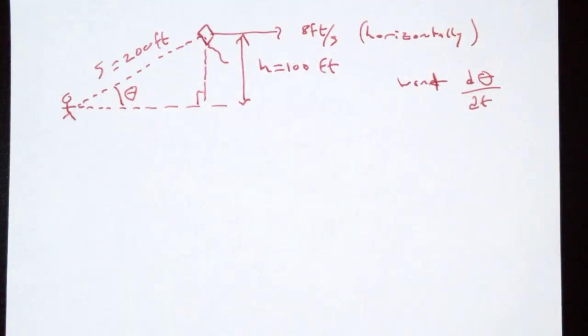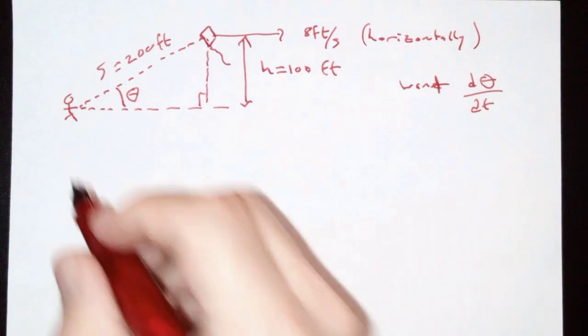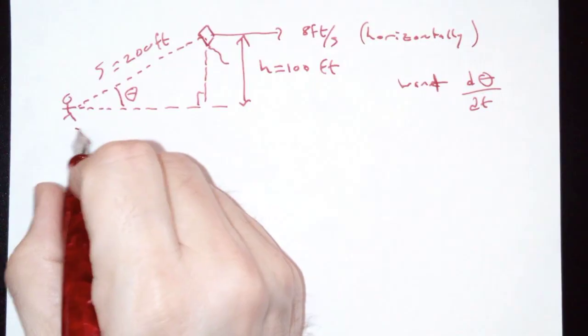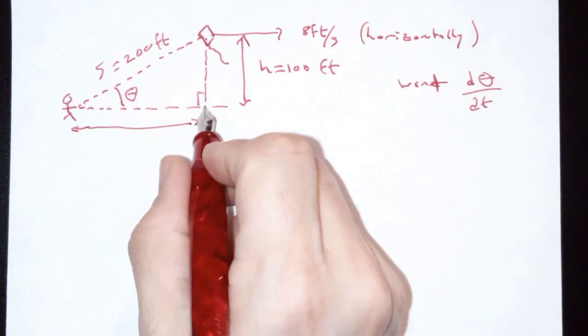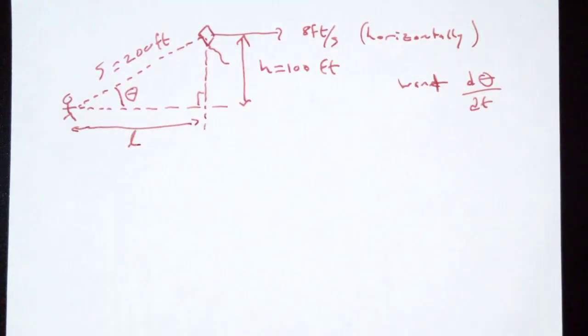I want to use distance because that'll be a D, but I'll use length. So if I go from here to here, that'll be length, L. I don't know what L is at the moment, but I can find out, can't I?